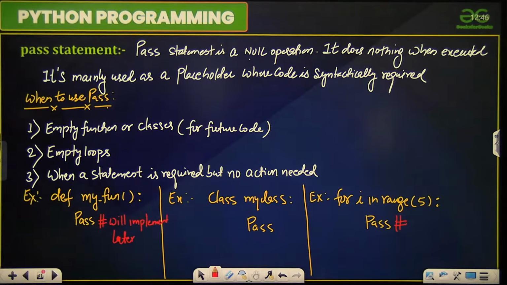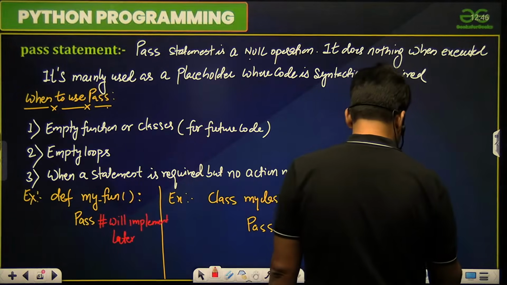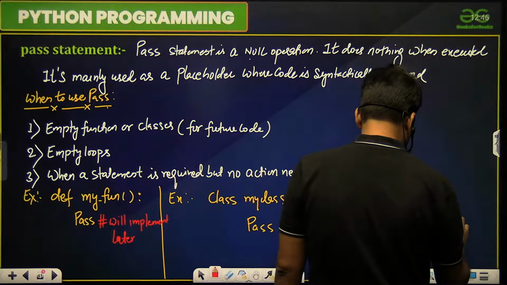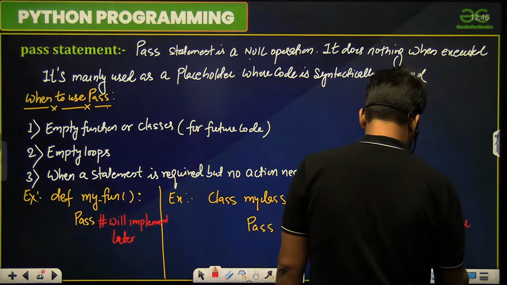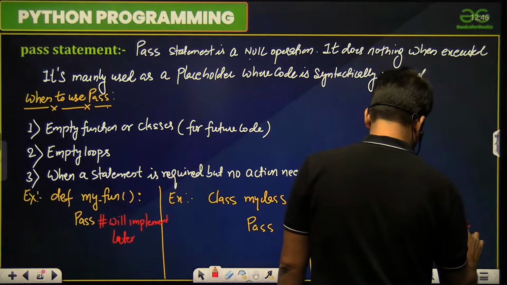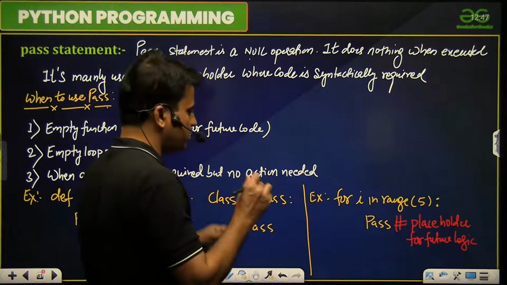So you can write pass, student, right? This is a placeholder for future logic. Understood, student?